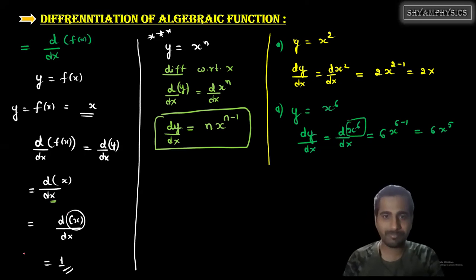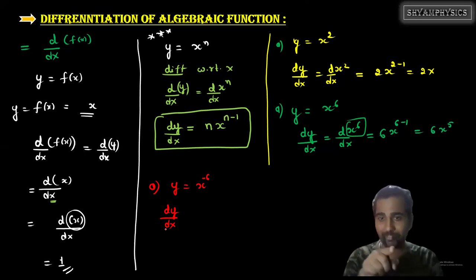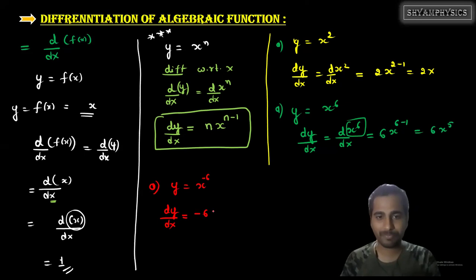Will you solve one more? Good. Next question. For example, y is equal to x to the power minus 6. Now what we need to do? Same thing. Sir, it is dy by dx, means differentiation of that function y with respect to x is equal to, first whatever the power it has, shift that one to the left-hand side, minus 6. x to the power, whatever the power it has, for that power you need to subtract 1.